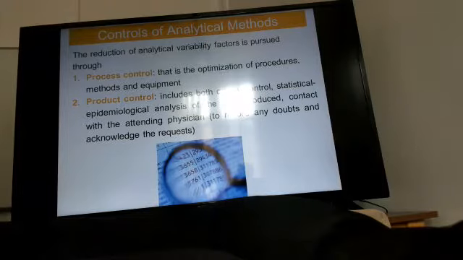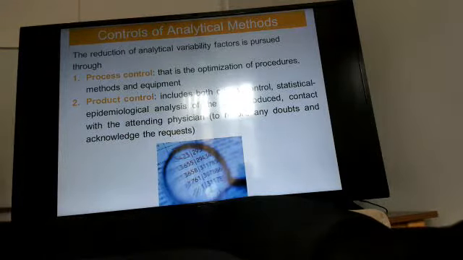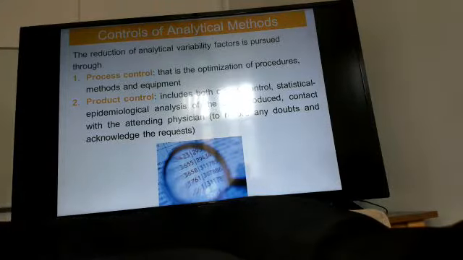Also the material that is used: you have to sign the category, the part number of each kit that you use, of each reagent, and also the expiry date, because sometimes it can occur that the part number has been damaged. You can have some kit that doesn't work properly. It can occur that the reagents have not been stored properly in the lab, or during production there was a mistake.